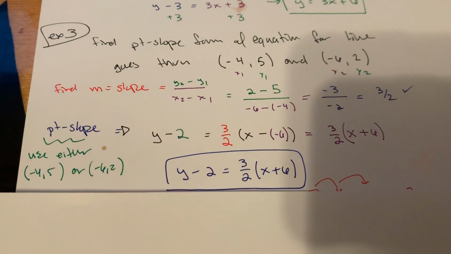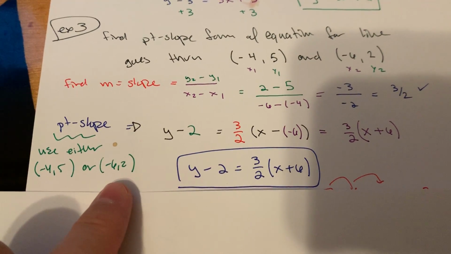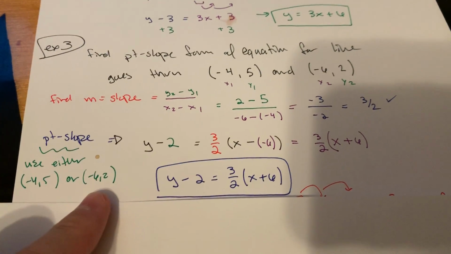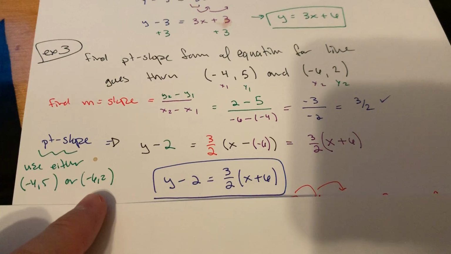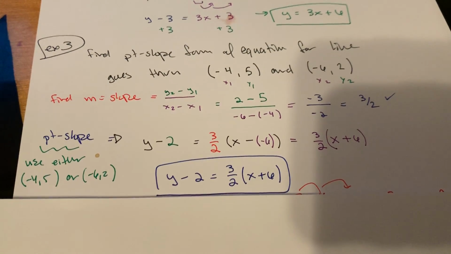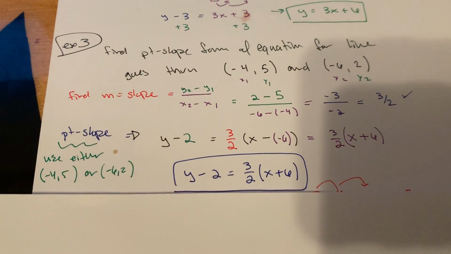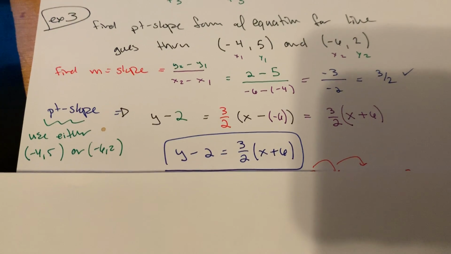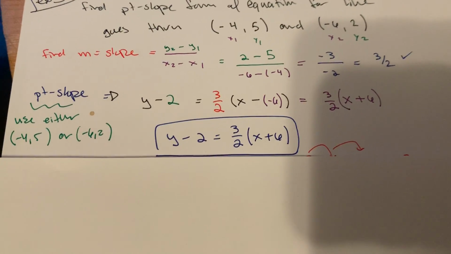In this case, it looks like I used the second point, -6 and 2. You could just as easily have used -4 and 5. Either one of those is totally legitimate, and they're just 2 different versions of the same equation. What will happen is by the time you solve it for the y value in your slope-intercept version, it'll all come out in the wash and you'll end up at the same place.